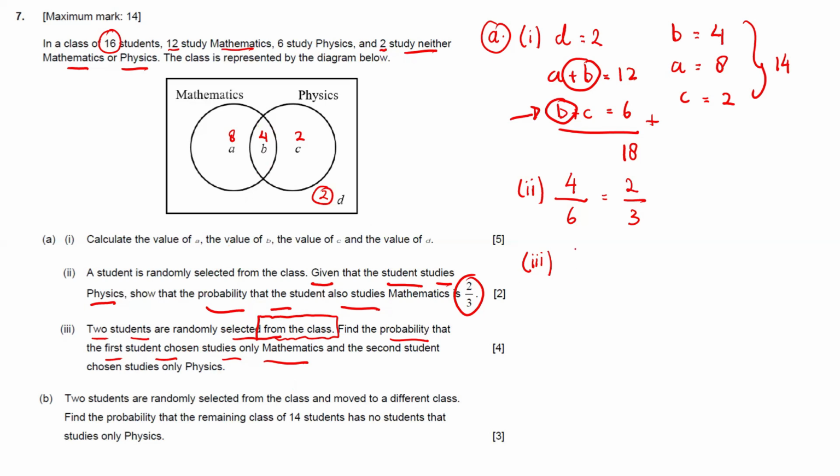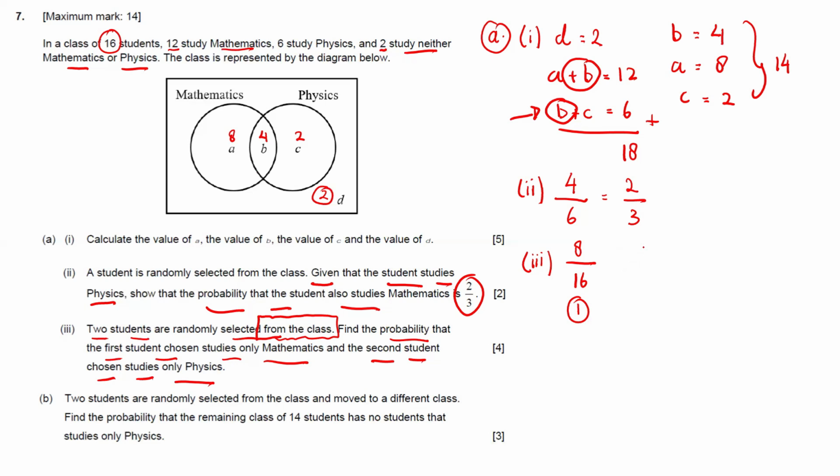It means the first one is going to be 8 out of 16. This is the first student right here. And now, when the first student is chosen, that student will not be chosen again. It means the total for the next choice, the second choice, is only 15.